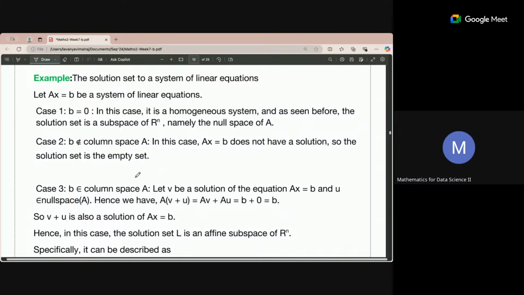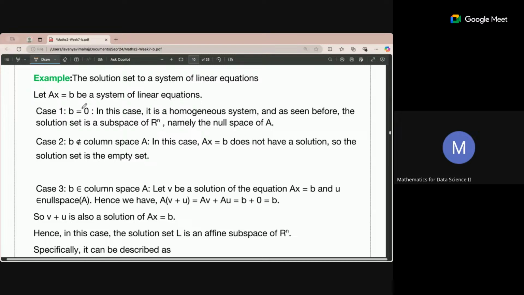Now this is a very important example for an affine space. Consider this system of linear equations Ax is equal to b. What happens when b is equal to 0? This becomes a homogeneous system, right? So the solution set is a subspace of Rn, namely the null space.